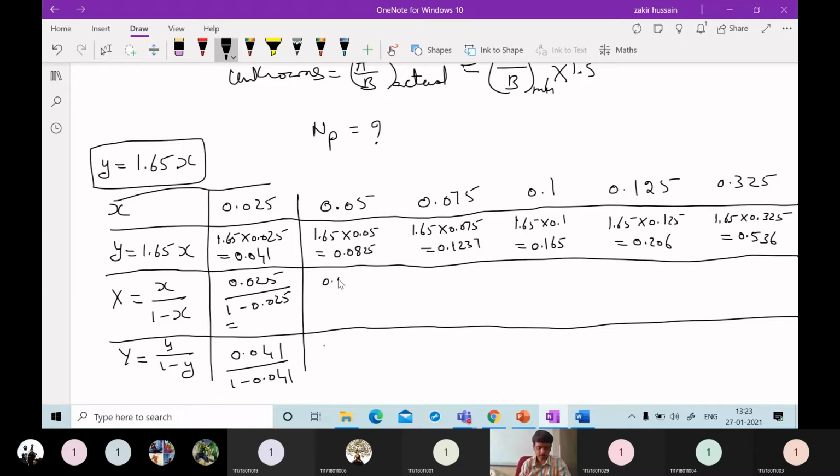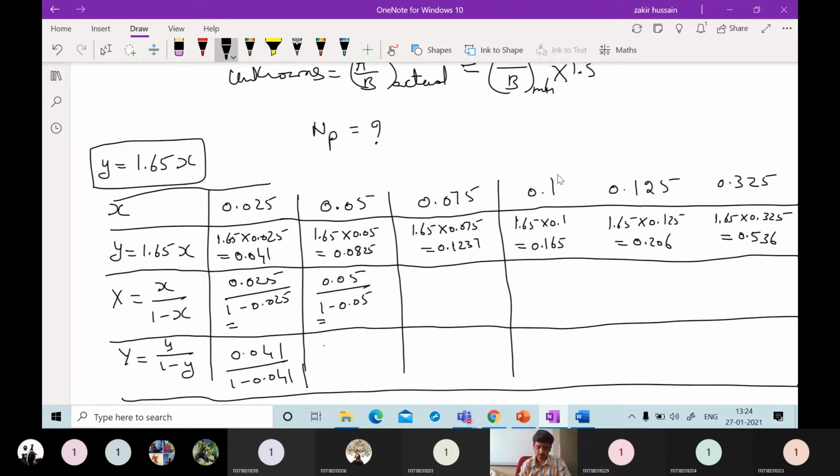Then 0.05 divided by 1 minus 0.05, and you will get something. Then 0.0825 divided by 1 minus 0.0825.